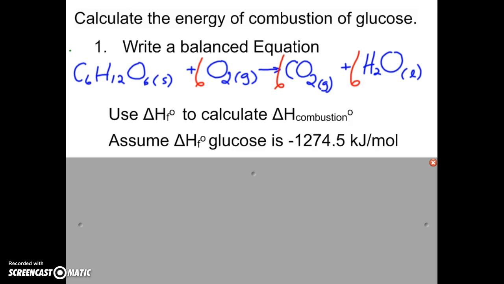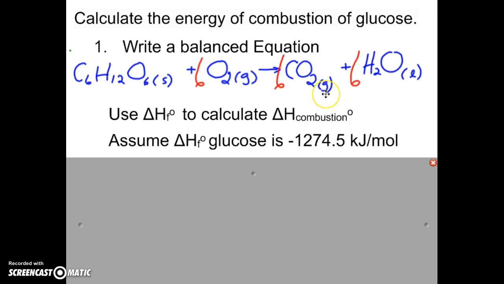So using your textbook and using the appendices, you can look up the enthalpy of formation of all of the reactants and all of the products. Be attentive, by the way, to the value based on its state of matter.